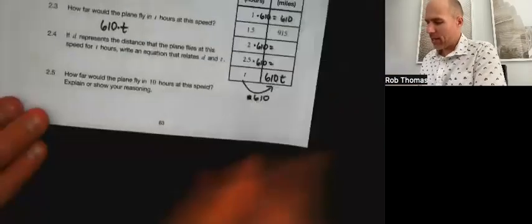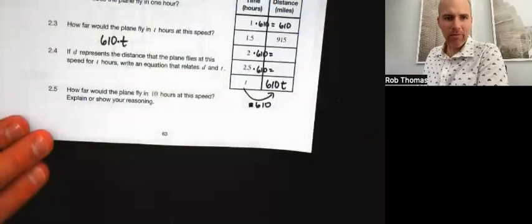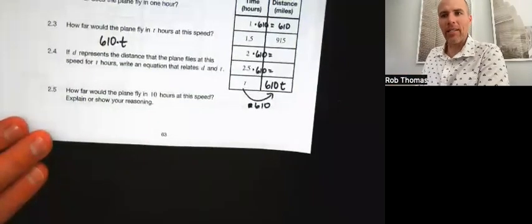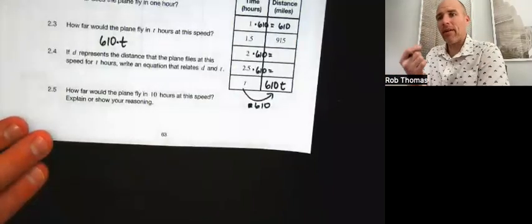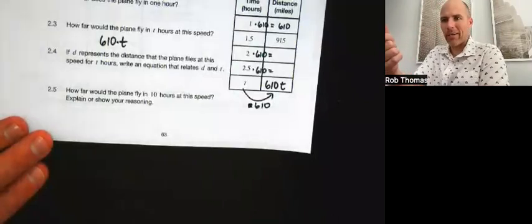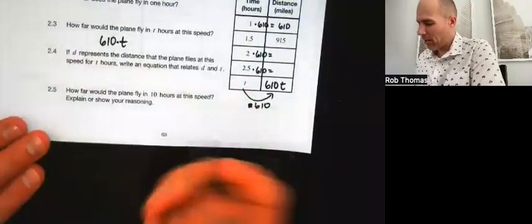All right, next it says, if d represents the distance that the plane flies at this speed for t hours, write an equation that relates d and t. This is that thing I was just talking about, and a very important equation that you need for not just this math class, but science class, physics class, when you take one of those someday, and life, really.